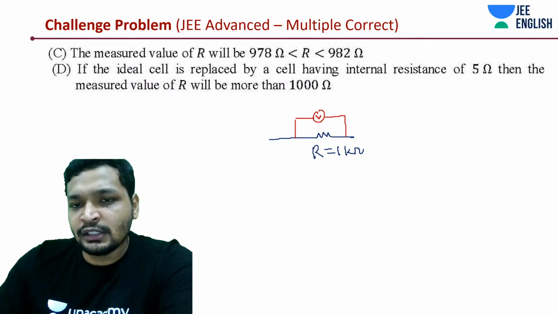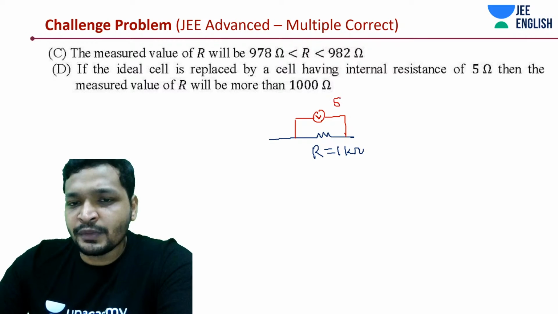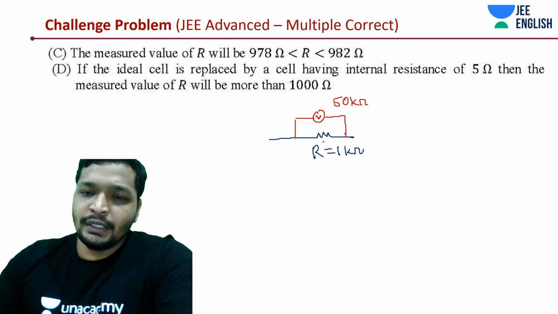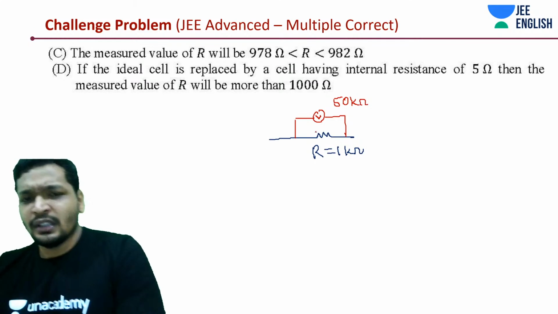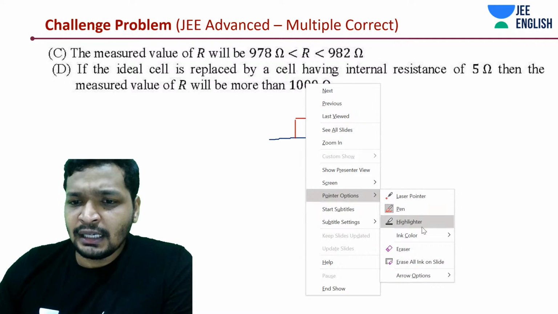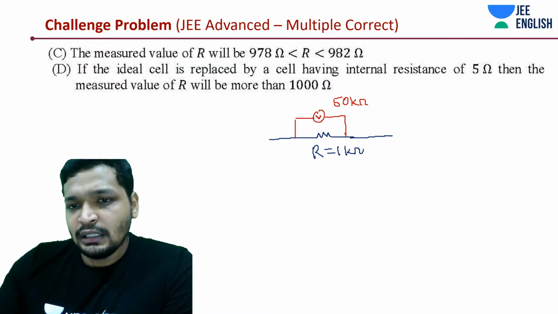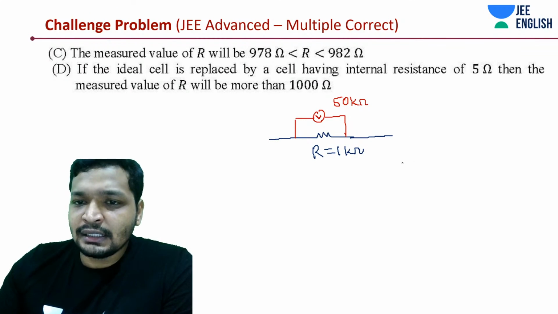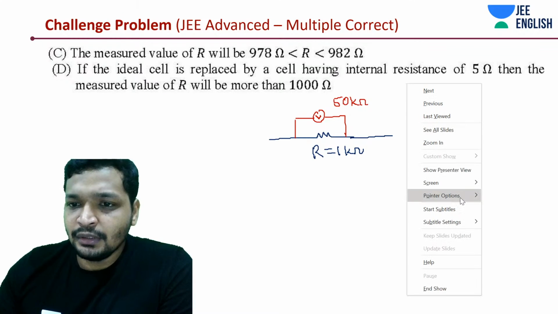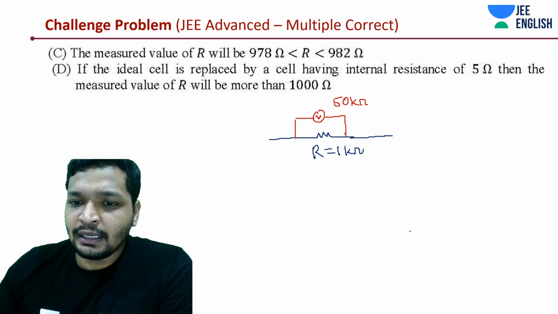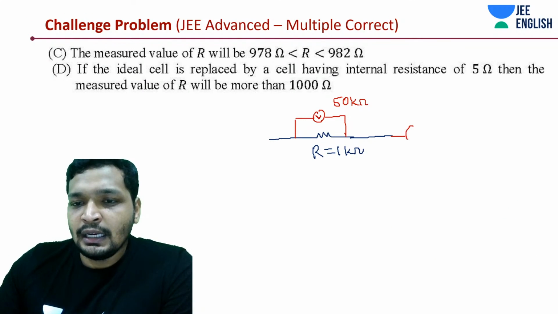And what was the resistance of the voltmeter? 50 kilo ohms, I believe. Okay, 50,000 ohms. And next we need to connect an ammeter in series. So simply take an ammeter and connect it, and there you go.